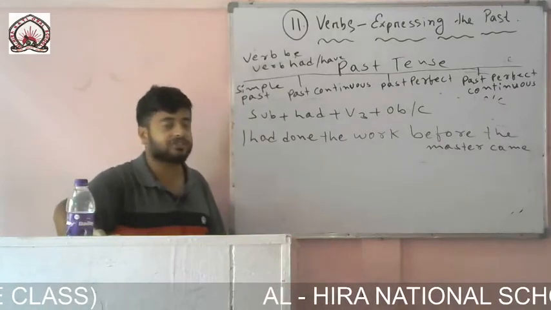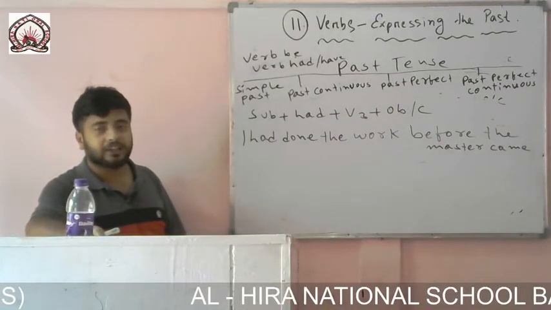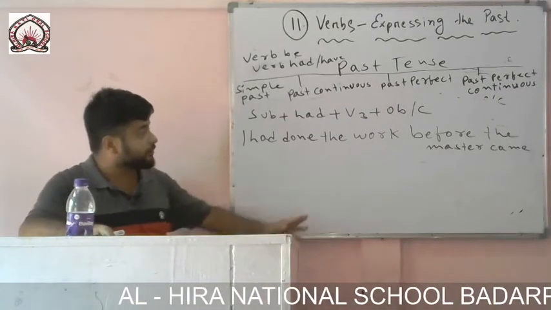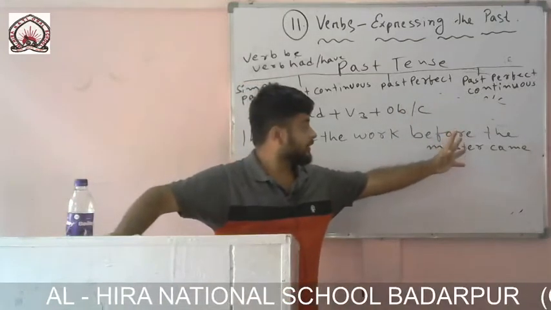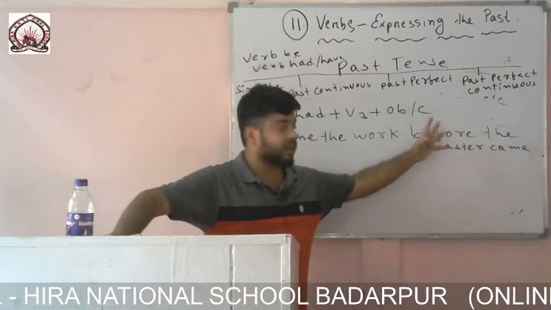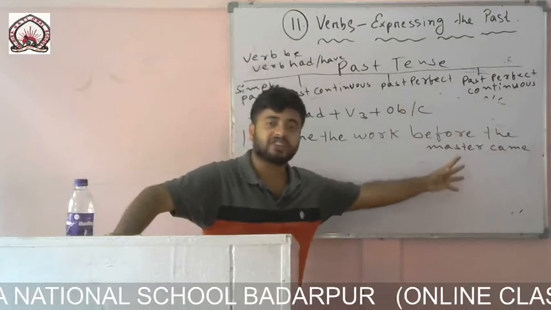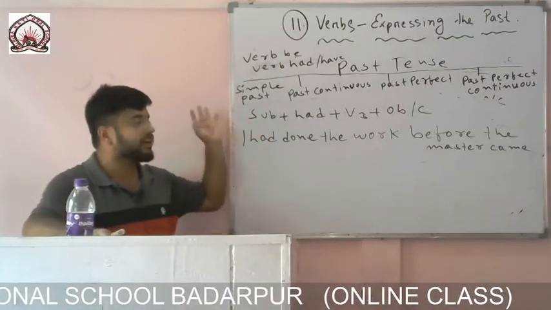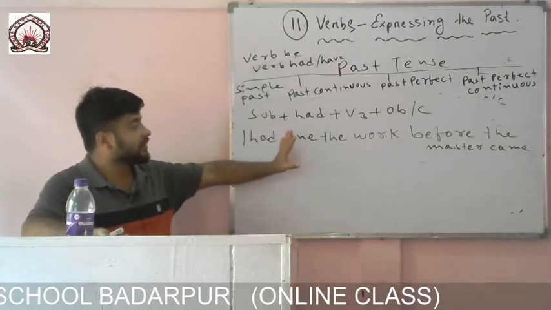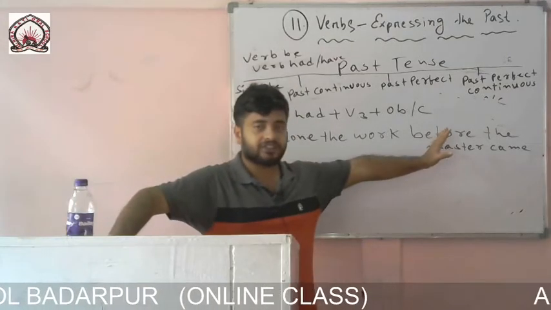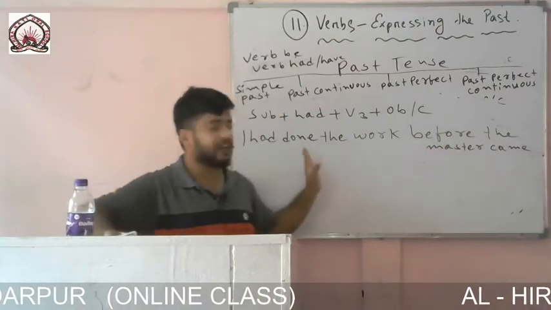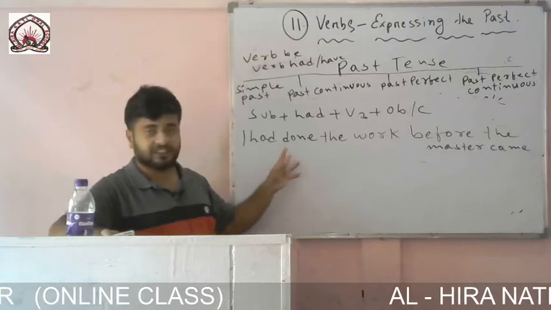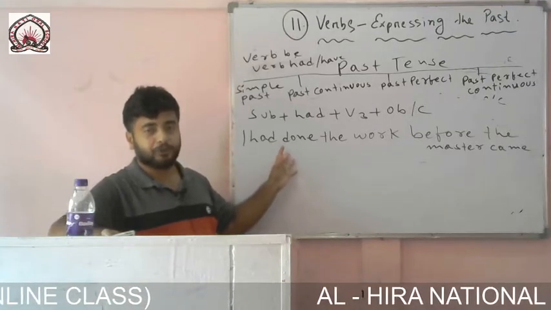So two actions are there in the sentence. That means before the coming of his master into the scene, he has already completed his work. That means he is not in the scene, but he has completed the work. That means this action took place before.